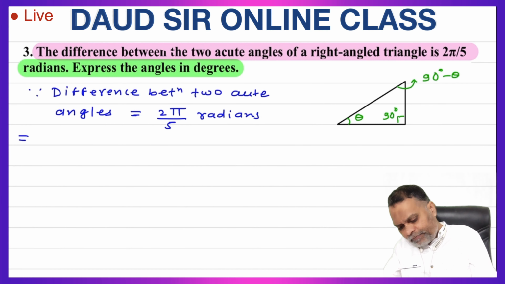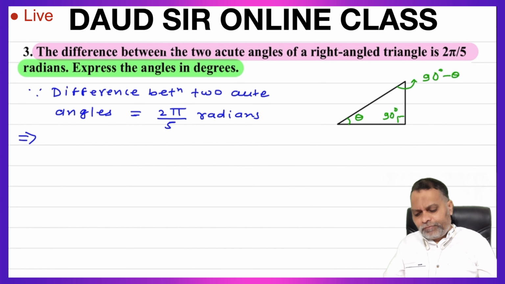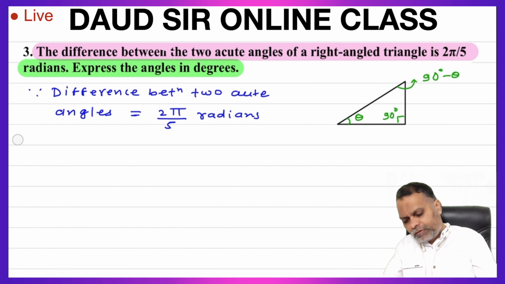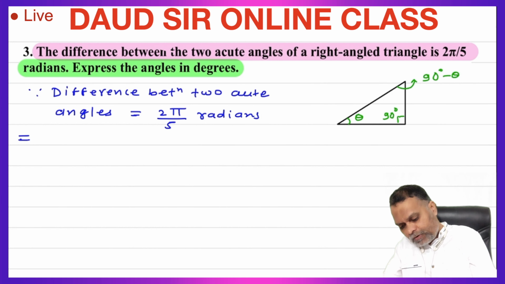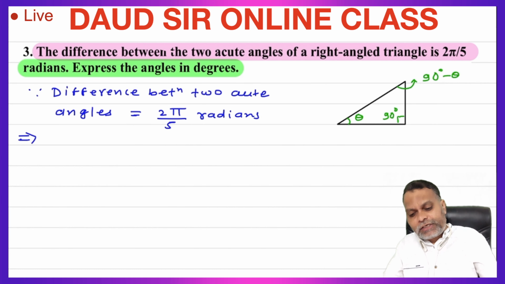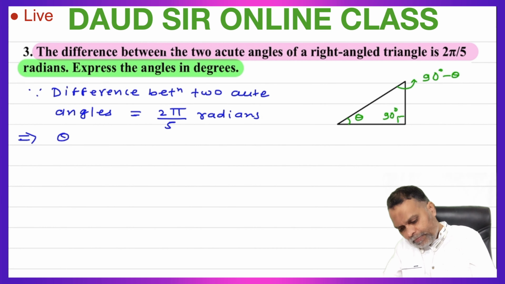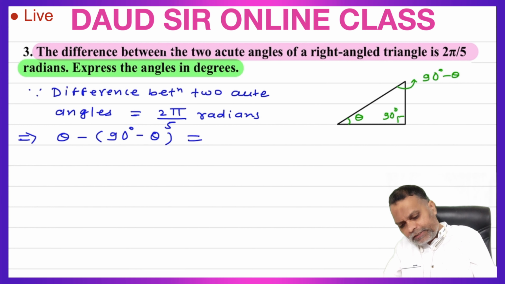Here the difference between these two acute angles, this angle theta and 90 minus theta, is 2 pi by 5. So which angle is bigger here? This theta is bigger than this, so for difference we have to subtract the smaller one from the bigger one. So theta minus 90 degree minus theta is equal to 2 pi by 5.